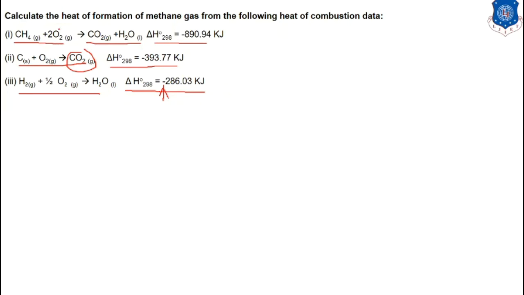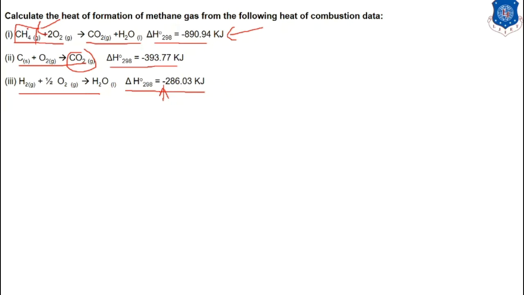First we have to find where the methane gas is in all these reactions. We can easily say that it is in the first reaction, so this reaction becomes the main reaction for us. Now let's find what is product and what is reactant in this reaction. The reactants are CH4 and 2O2, whereas the products are CO2 and H2O.